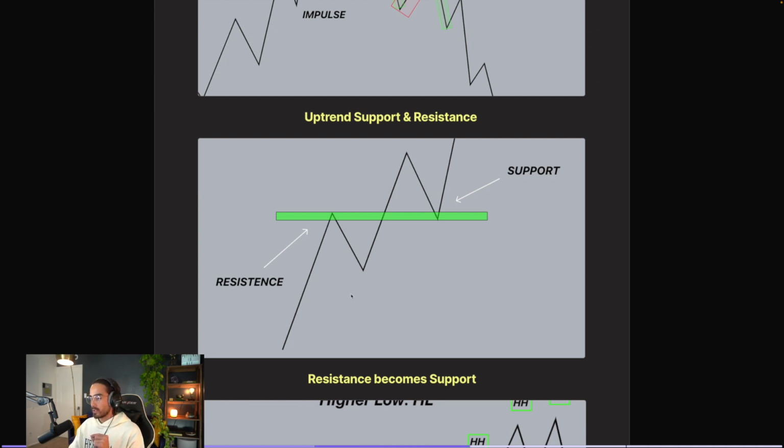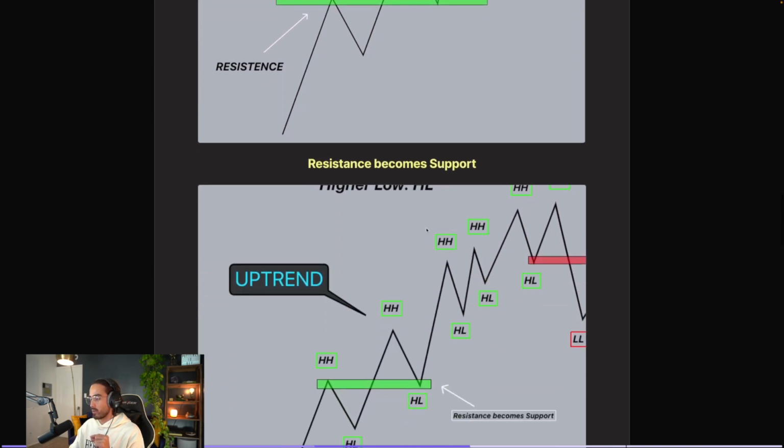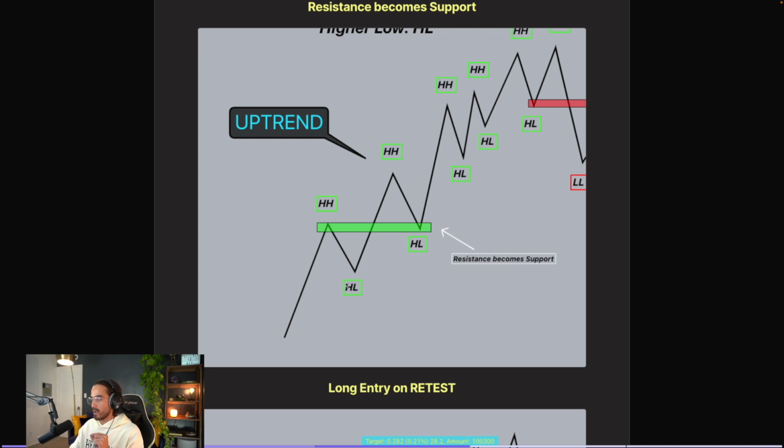Okay. So on an uptrend, what we're really looking to see with support and resistance is a resistance level being tested and then broken, and then having that resistance level flip as support. So once we have a confirmation of an uptrend, we're looking to see a point where resistance is becoming support.